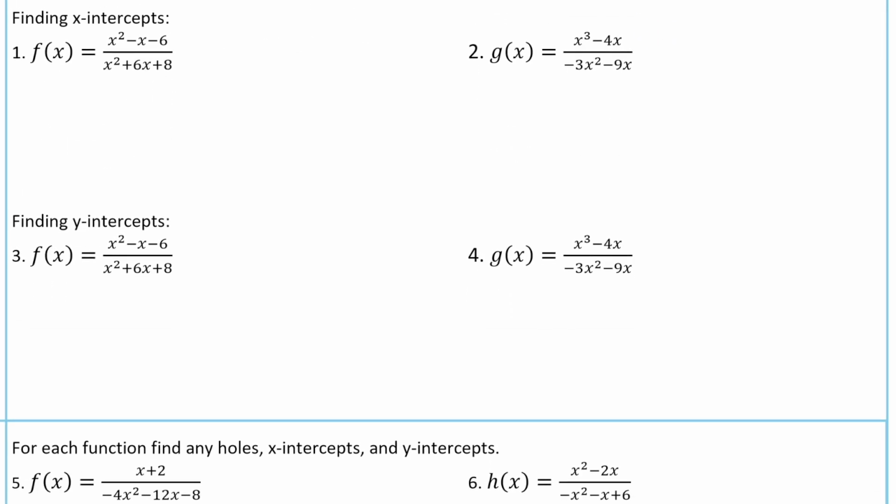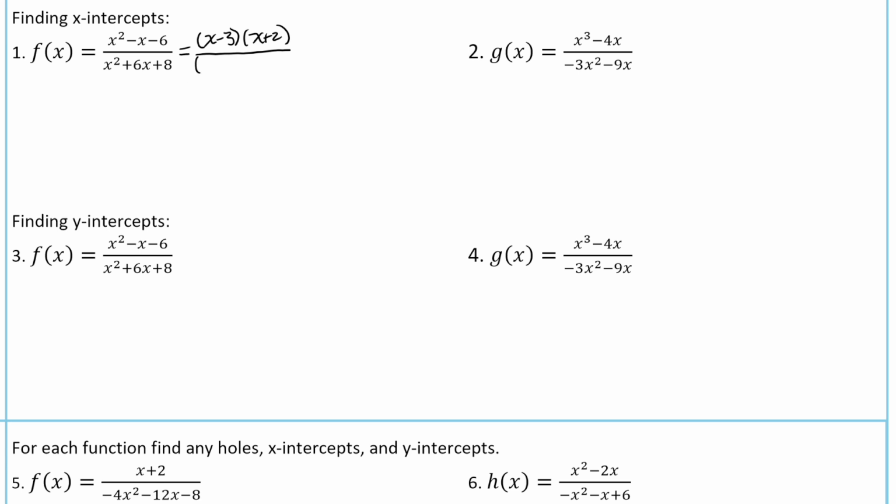All right, let's practice some more. Let's just start by finding x-intercepts algebraically. So to find x-intercepts, you're going to factor. So what multiplies to -6 that adds to -1? That would be -3 and +2.